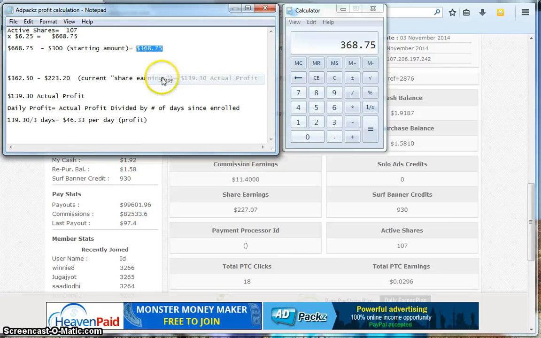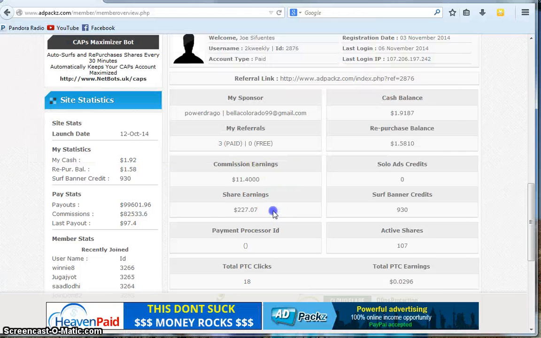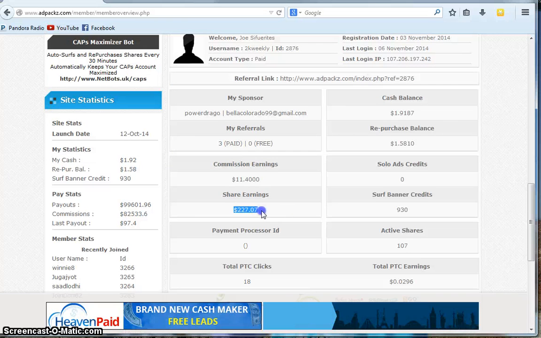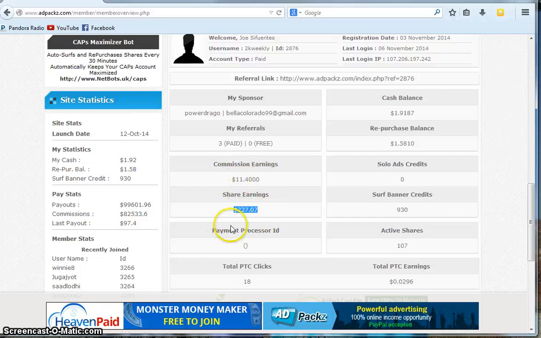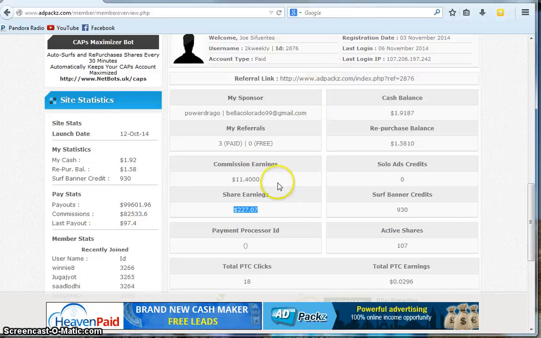Okay, so now we take that 368.75, and we're going to subtract the actual share earnings. So this isn't the profit. A lot of people are touting this as, hey, look what I've earned, I've earned 227. No, that's the share earnings to date at that time. Since it pays out every half hour, this is updated every half hour. And part of the maturing share is outputted here on the share earnings, but that doesn't mean that's your actual profit.